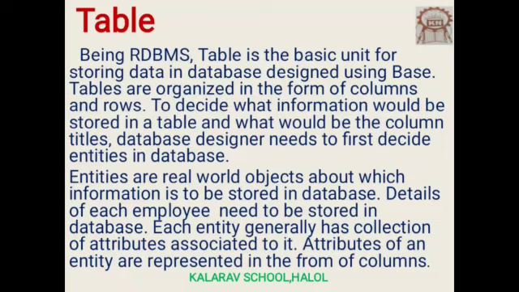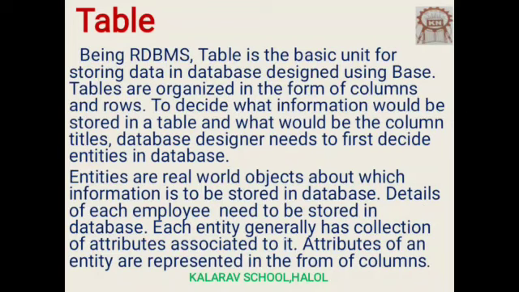Details of each employee need to be stored in the database. For example, name, address, city, pin code, phone number, birth date, joining date, etc. Each entity generally has a collection of attributes associated with it.